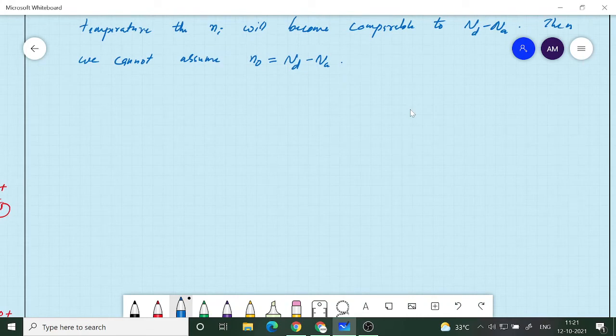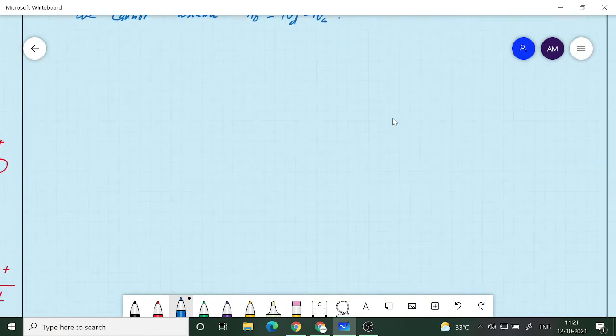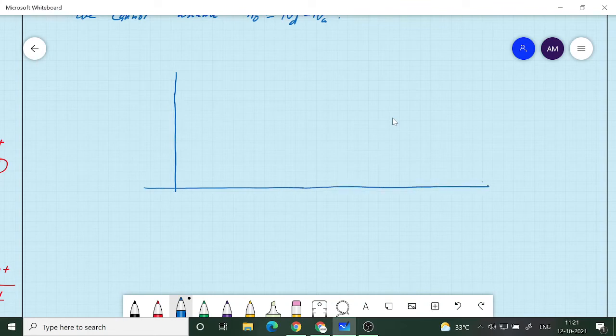So if I now draw a graph between N0 and temperature of an extrinsic semiconductor. This is temperature, so here I have say 100, 200, 300, 400, 500, 600, 700.